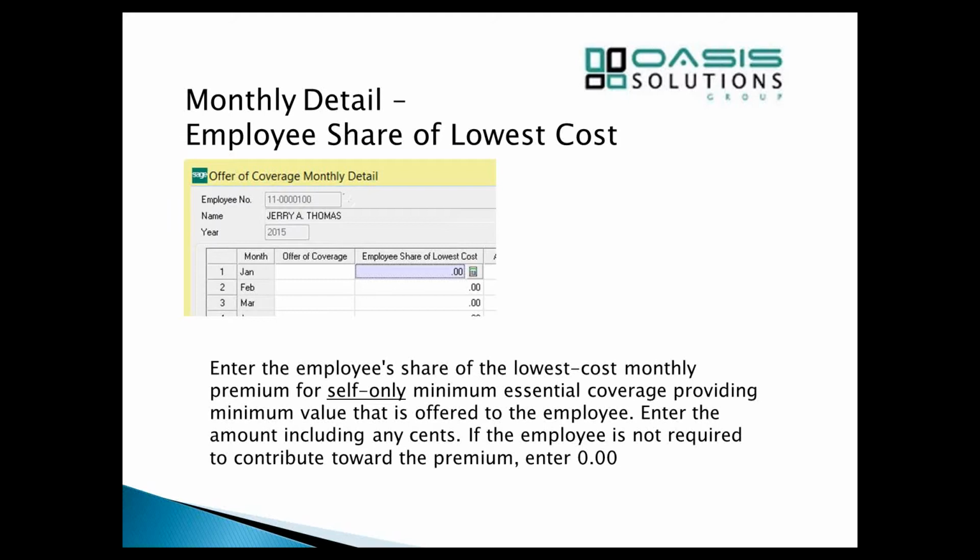So if your employee selects family coverage, again, you are only putting the self-only premium that they would be contributing for the minimum essential coverage that you have offered to them. You would enter the amount, including cents. If the employee is not required to contribute toward the premium of self-only minimum essential coverage, then you would enter 0.00.